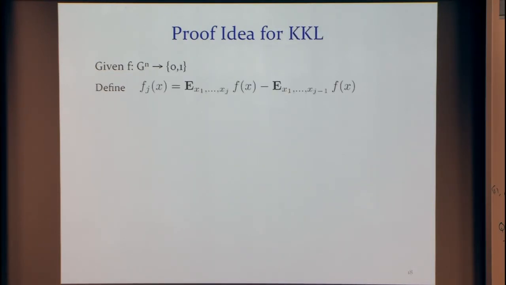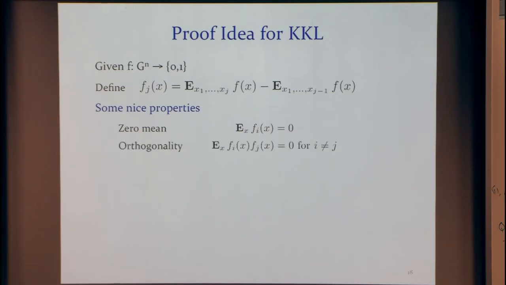So we've defined these functions that are the martingale increments fj, and I just want to show you that these functions behave very nicely. Here are some very nice, easy to verify properties. First is that they all have zero mean, which is incredibly simple.